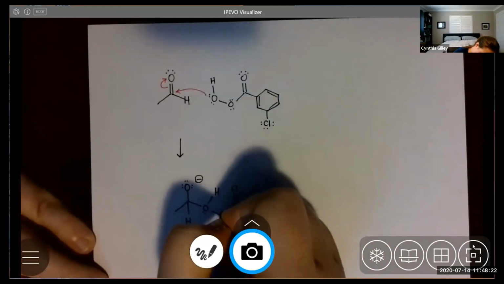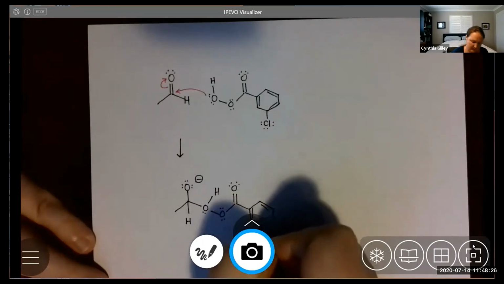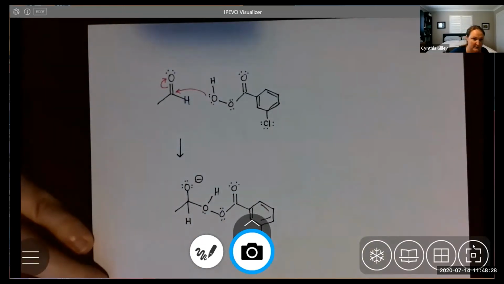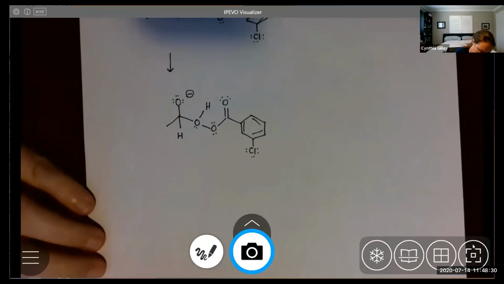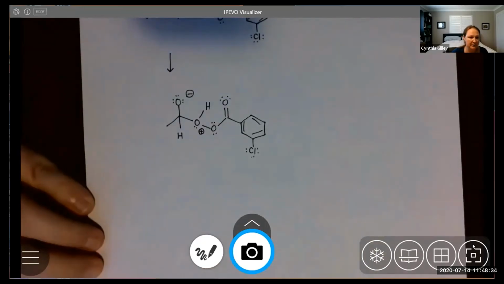I'm going to draw in the lone pairs, which you usually do with mechanisms, and then the charges as well.